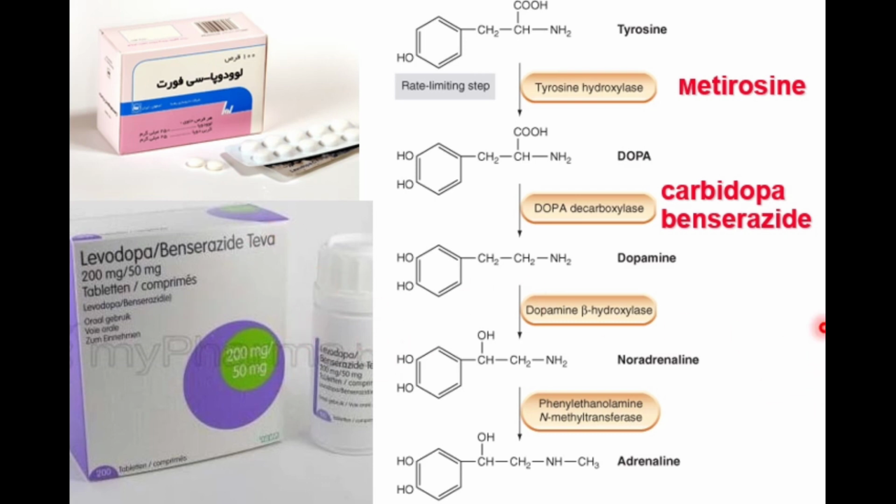In summary, carbidopa or benserazide block dopa decarboxylase and are used in treatment of Parkinson's disease. They have not much effect on synthesis of noradrenaline in the noradrenergic neuron.